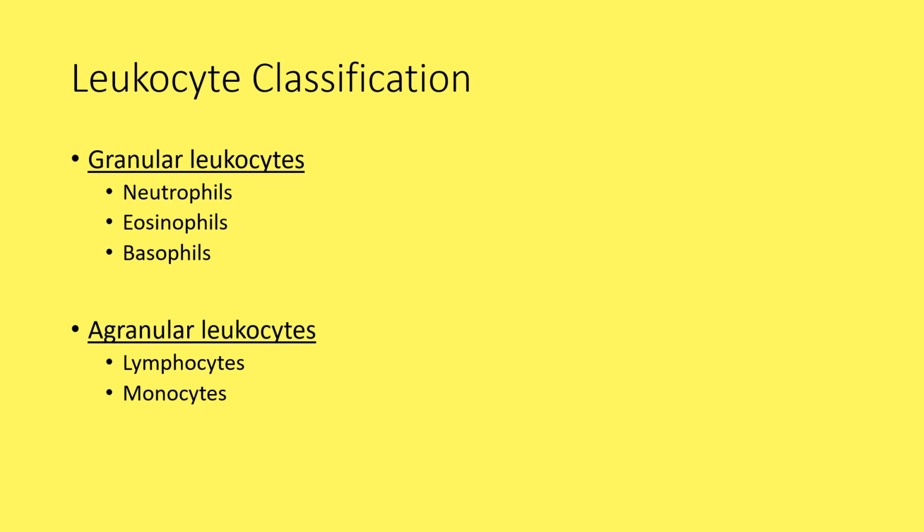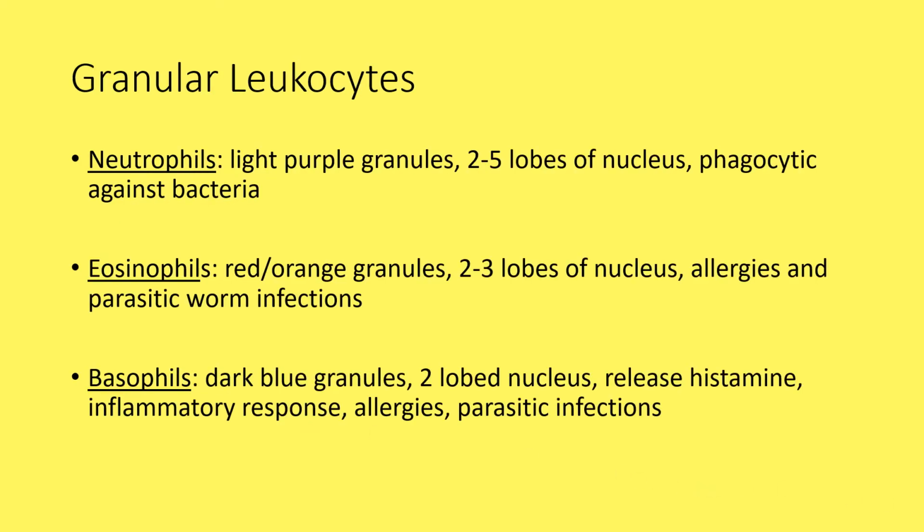What color are they? How does the nucleus look? One of the first things you're going to do is look and see, does it look like there are little granules, like somebody dumped sand in the cell? 3 of them are granular, 2 of them are not. So we look at the granular leukocytes, the neutrophils, the eosinophils, and basophils.